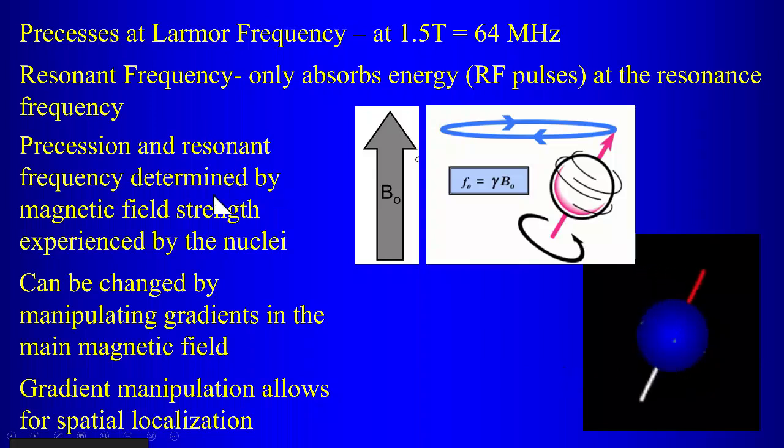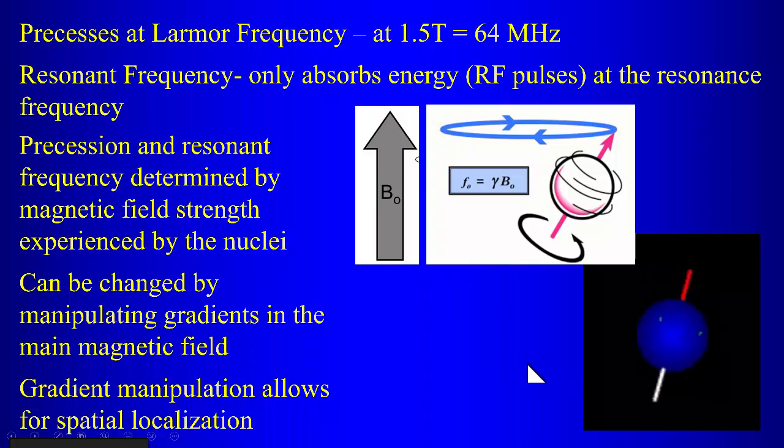So the precession and the resonant frequency is determined by the magnetic field strength experienced by the nuclei. So what it comes down to is that this precession frequency of the nuclei is determined by the magnetic field strength that that particular nucleus experiences.